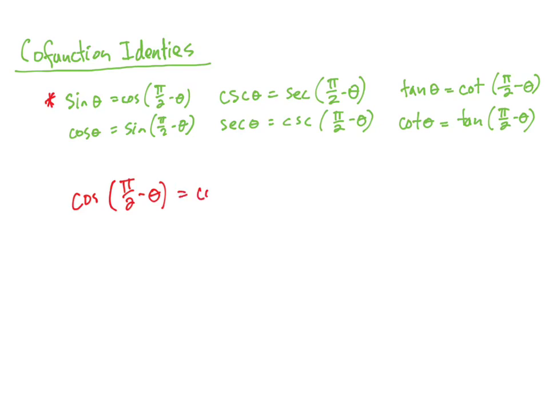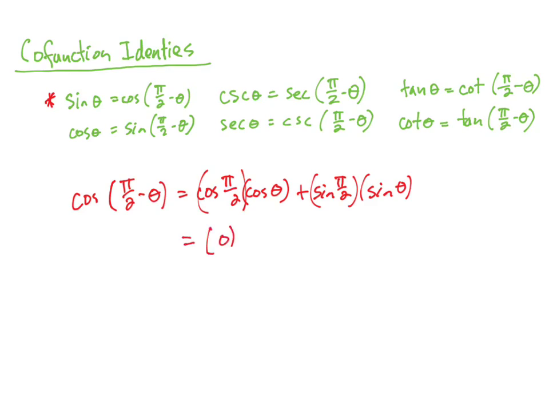Well, to expand that, we're going to say cosine of the first times cosine of the second plus sine of the first times sine of the second. Okay, cosine of pi over 2 is 0 times cosine of theta plus sine of pi over 2 is 1 times sine of theta. So this becomes 0. We're left with 1 times sine of theta, which is sine of theta. So that matches with what we got up here. So we can do something similar for the rest of these cofunction identities.